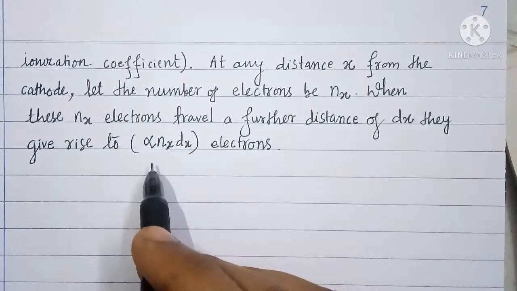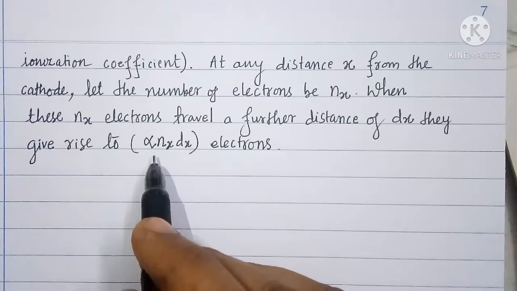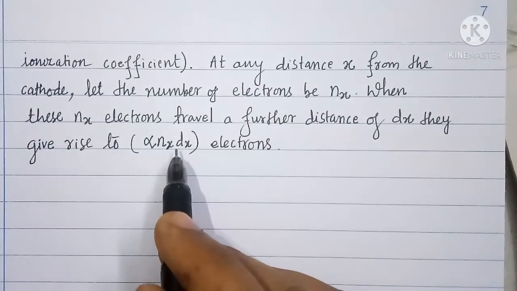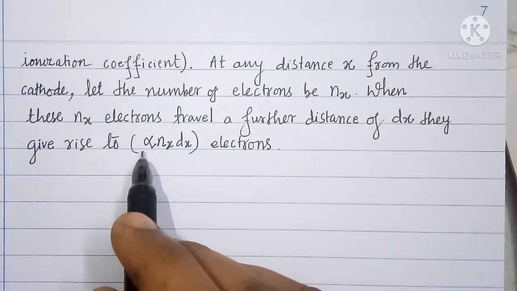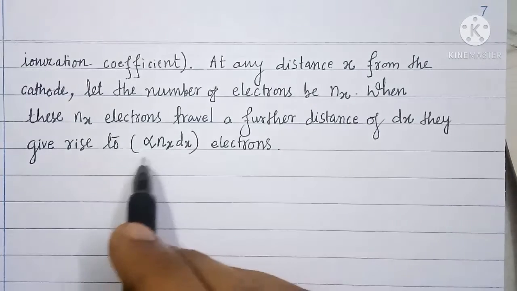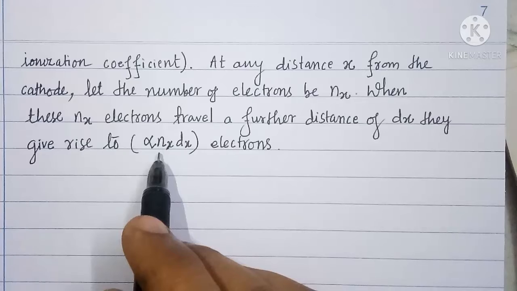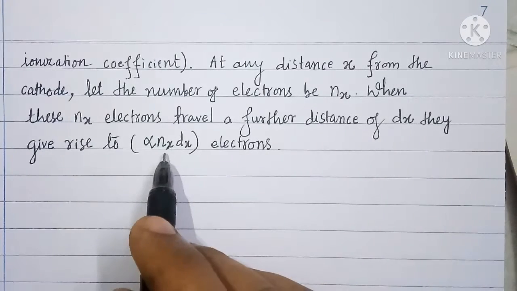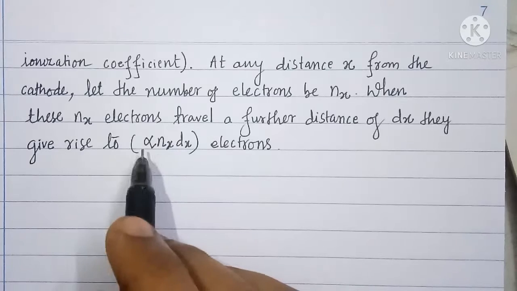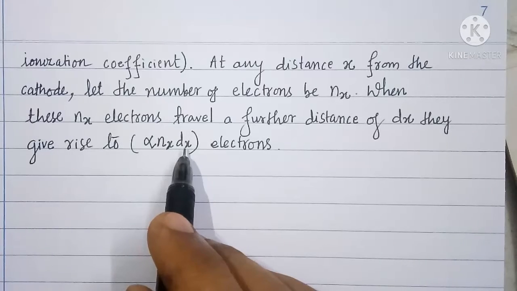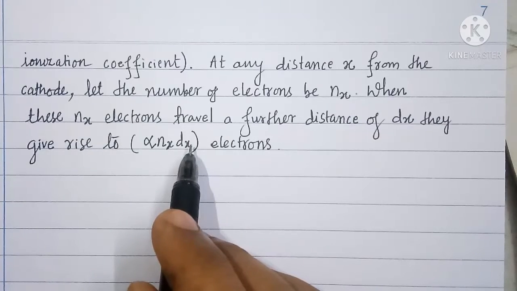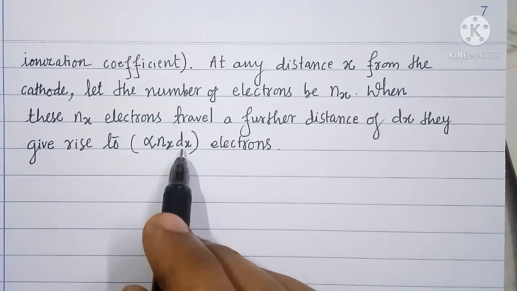because we know that the number of collisions made per centimeter is alpha in the direction of the field, and that is by one electron. If there are nx number of electrons, then alpha into nx into dx number of collisions will be made when dx distance is covered.